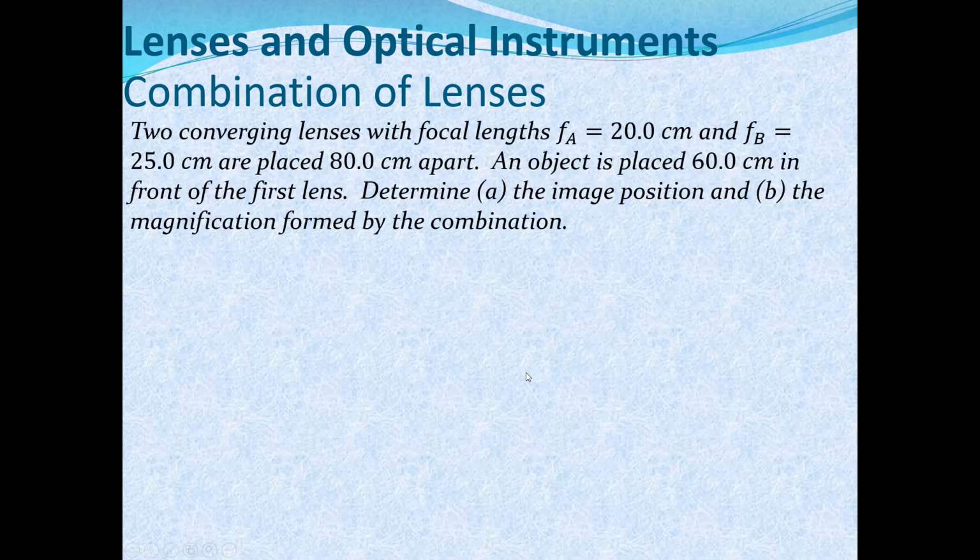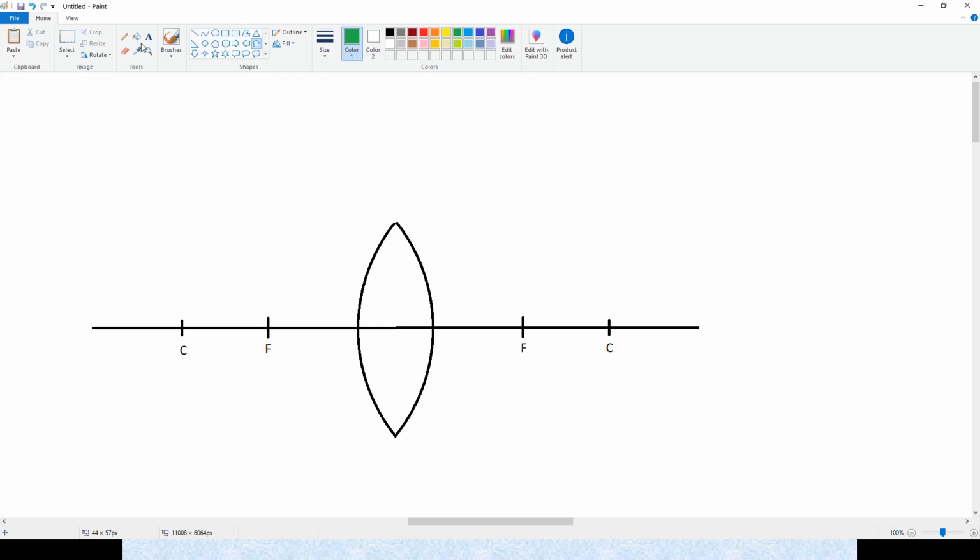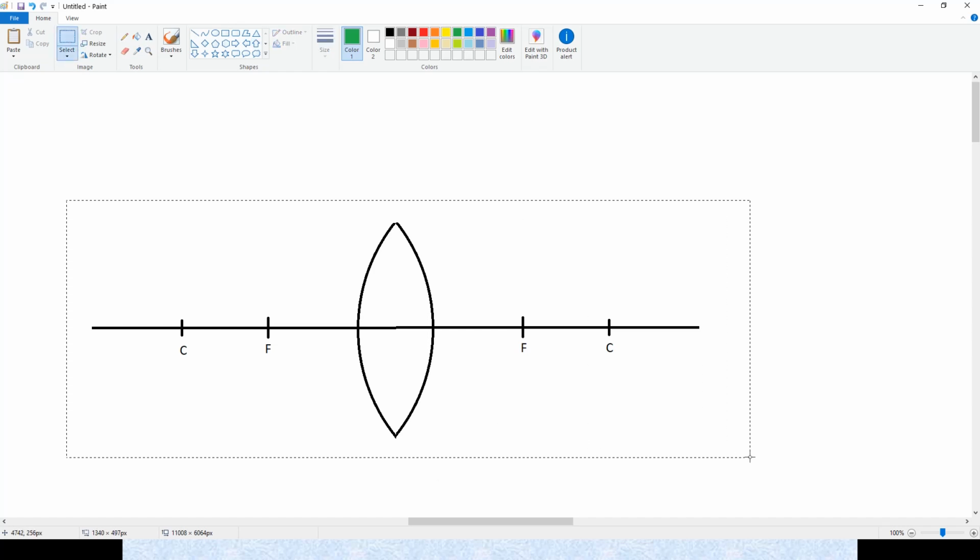All right, so you can work on this video, pause it. Don't forget to do a quick little diagram as best you can. Try to guesstimate the focal points and all that, and we'll go over this in a second. All right, so I'll try and quickly make a combination lens.